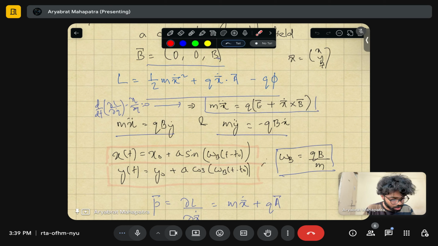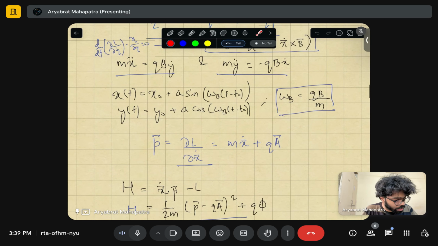For example, when a charged particle moves in a constant magnetic field B along the z direction, it can go in a circular path.